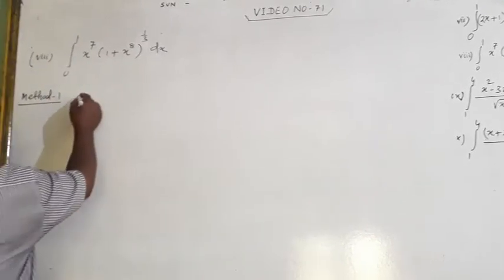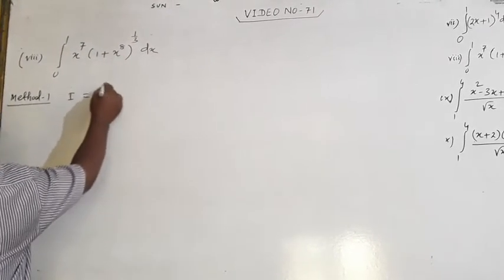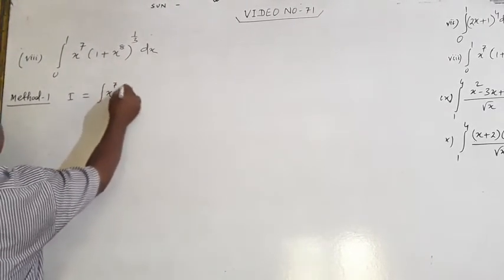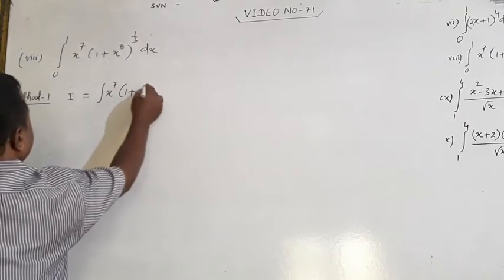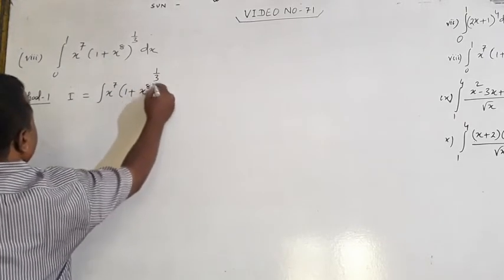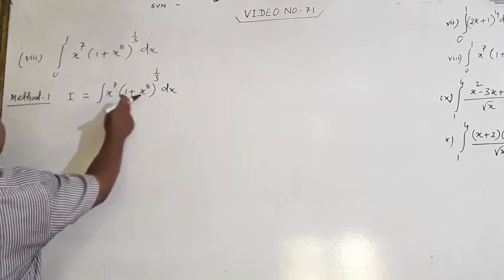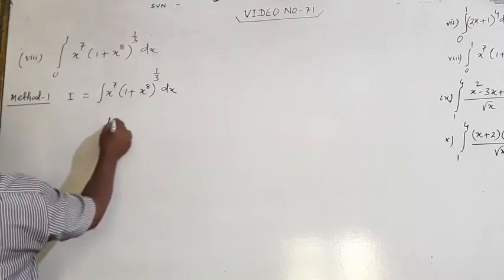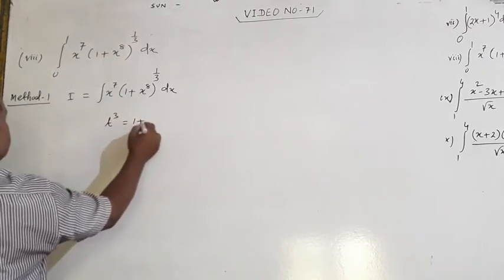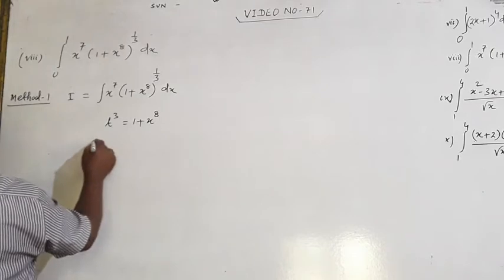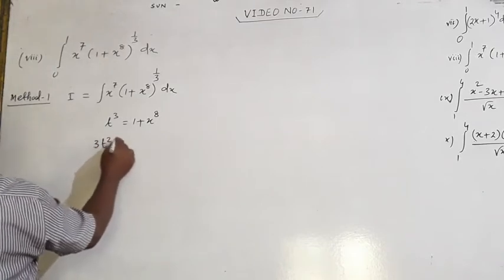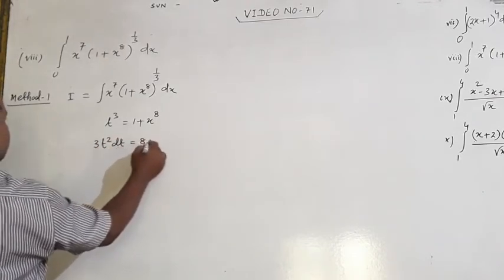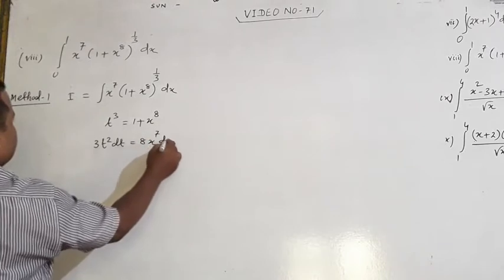First, I am writing I equal to the integration of x to the power 7 into (1 plus x to the power 8) to the power 1 by 3 dx. Naturally, we have to put t cubed is equal to 1 plus x to the power 8, then 3t square dt is equal to 8x to the power 7 dx.